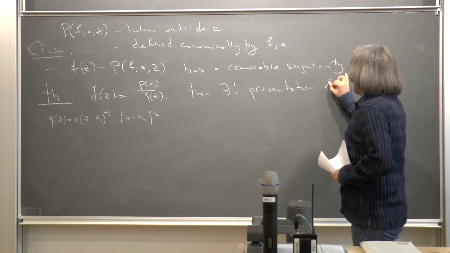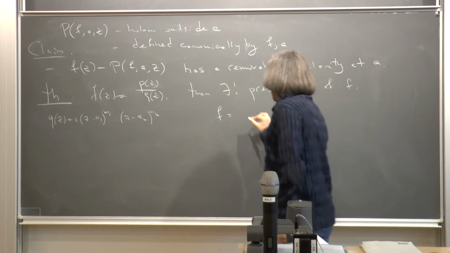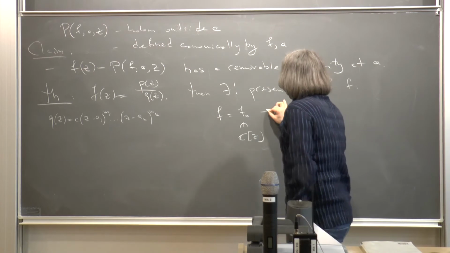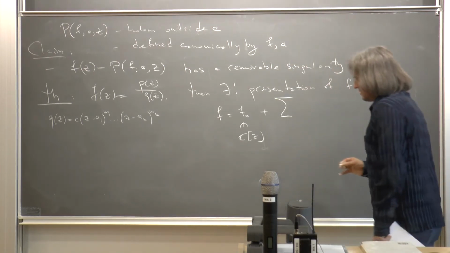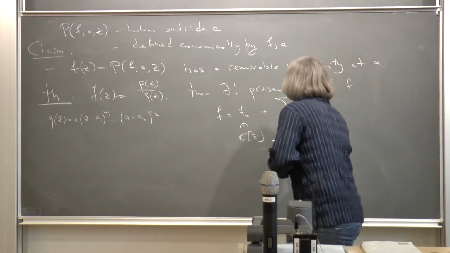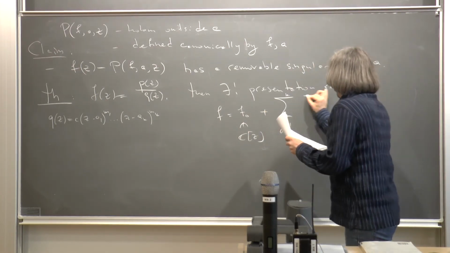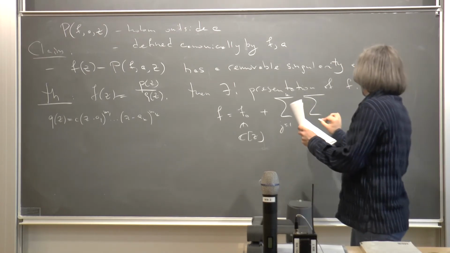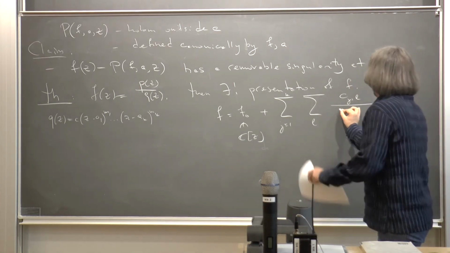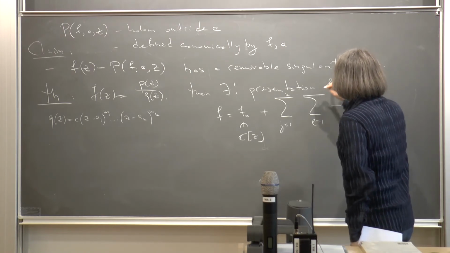Presentation of f in the following way: f is f naught, which is a polynomial, and then a sum over the singular points j from 1 to k, sum over order of poles, some coefficient c over (z minus aj)^l, where l goes from 1 to m.